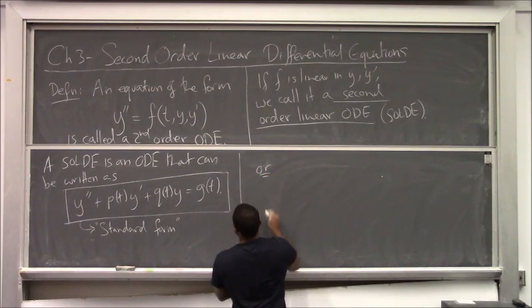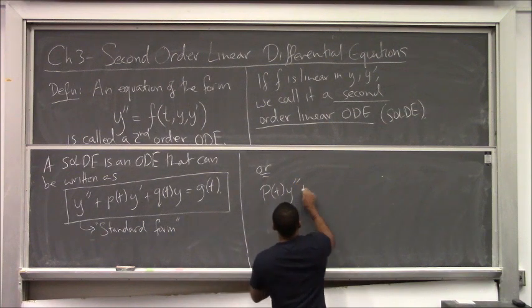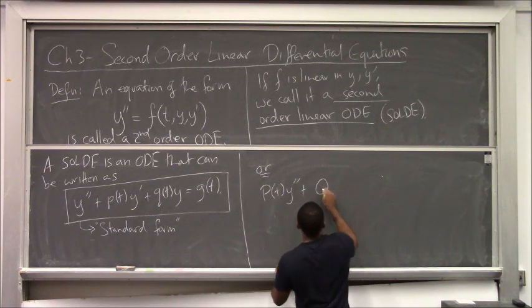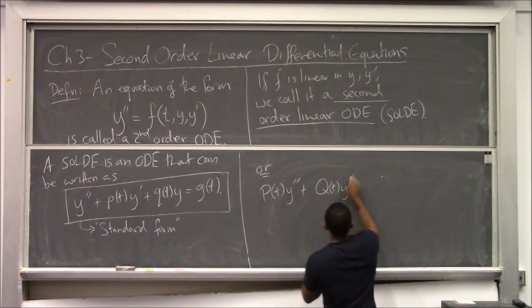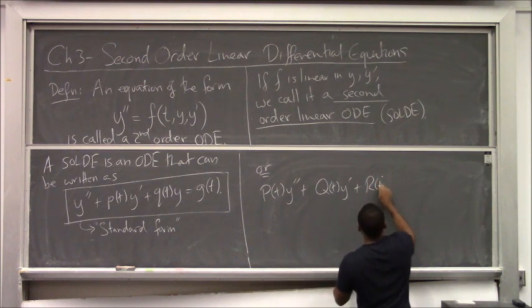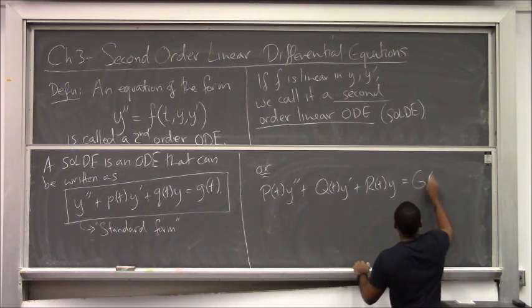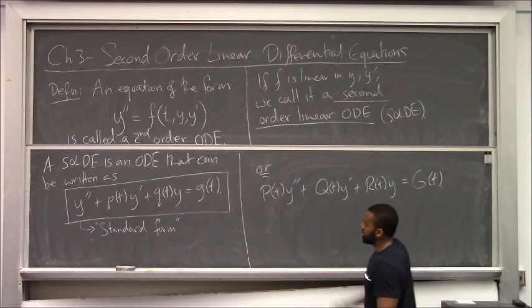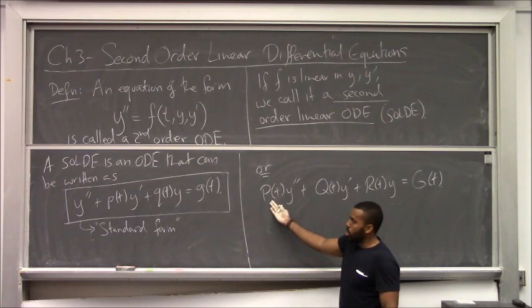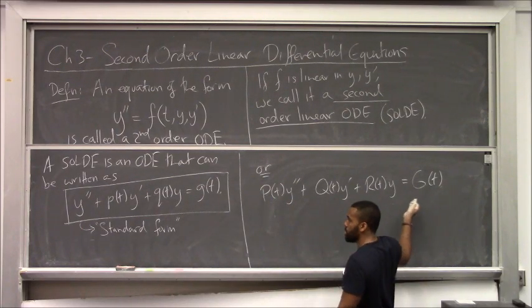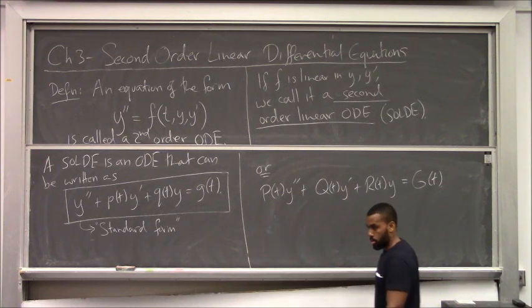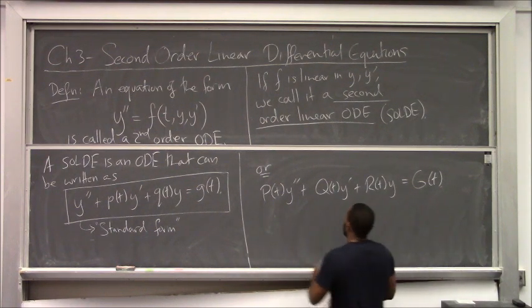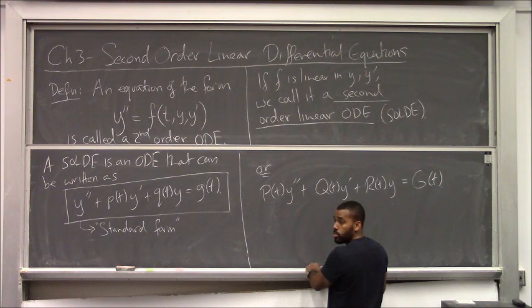Or sometimes you might have p, q, r, and g. Right, so sometimes you might be given a coefficient of the y double prime, you can divide through by that p of t to obtain that form. So I use those specific function letters.